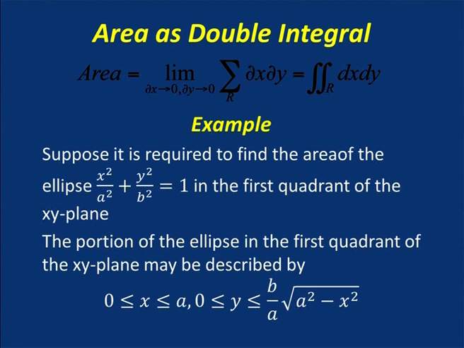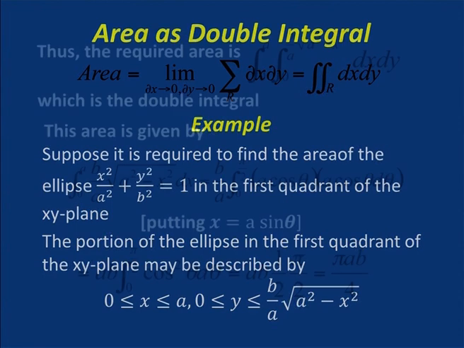The portion of the ellipse in the first quadrant of the xy plane may be described by the equations x from 0 to a, so 0 less than or equal to x less than or equal to a, and similarly y is from 0 to (b by a) root a square minus x square.